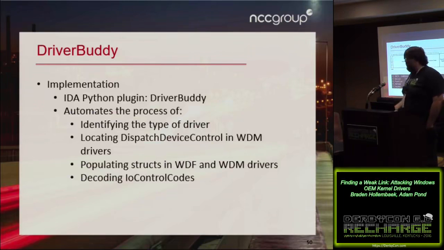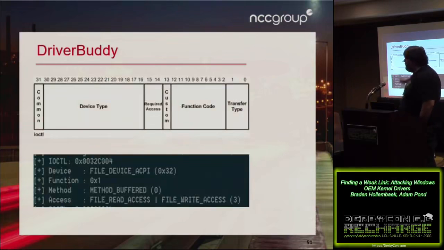Well, it turns out that IOCTLs are deterministic. They have a format where part of the data gets represented in this manner: the device type, the required access, the function code, and the transfer type. For the purpose of what we're focusing on, we're really going to pay attention to the transfer type only.